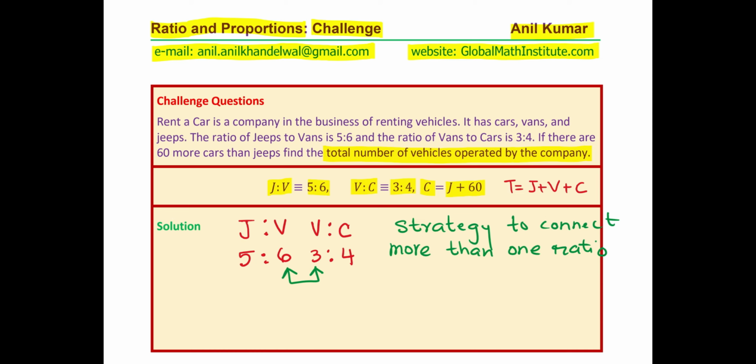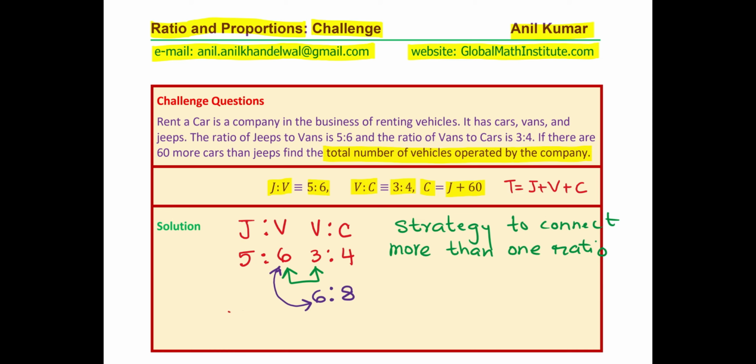To make these numbers the same, what can you do? Well, the ratio 3 is to 4 can also be written as 6 is to 8. Do you see that? Now you see that 6 and 6 are the same, and therefore I can connect them all.